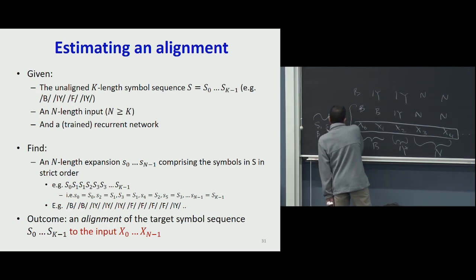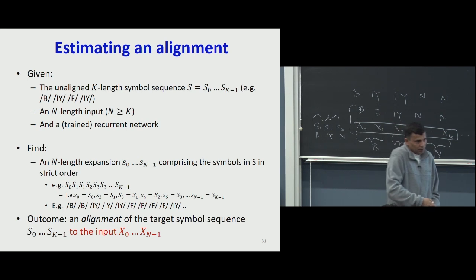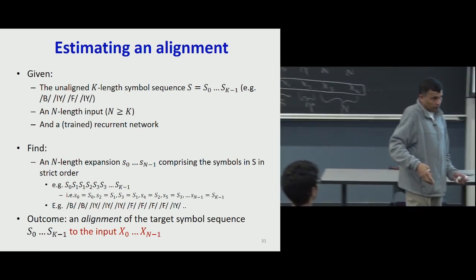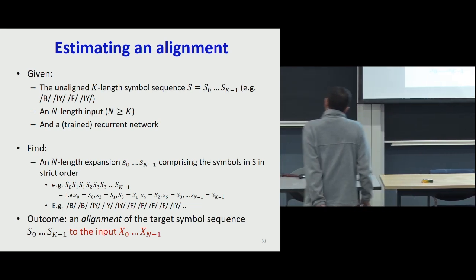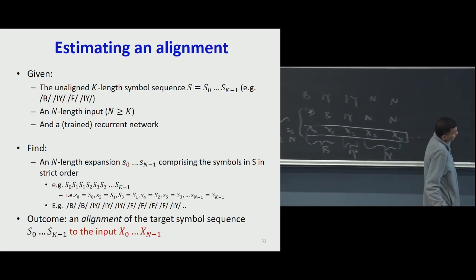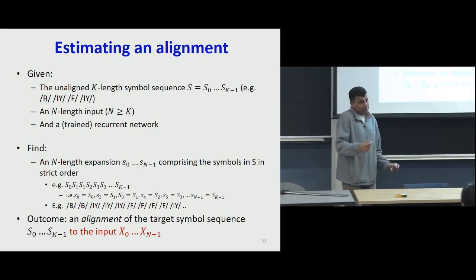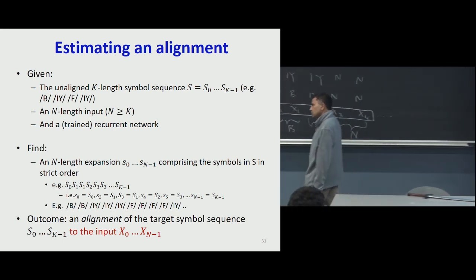And you must figure out how many times to repeat each symbol to match the lengths of the two. That's basically the problem of the alignment. So I'm taking a k-length symbol sequence and expanding it out to an n-length symbol sequence by repeating symbols. And I have to figure out the best way to do so.